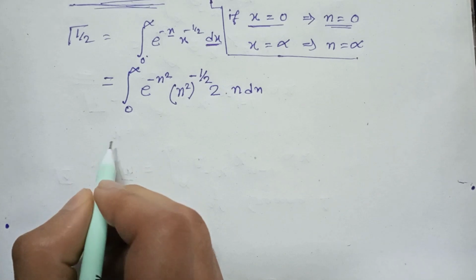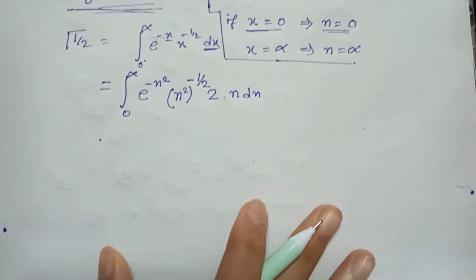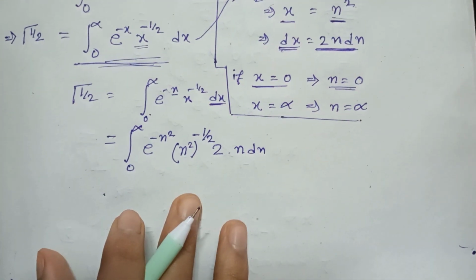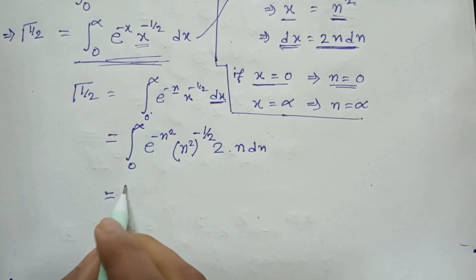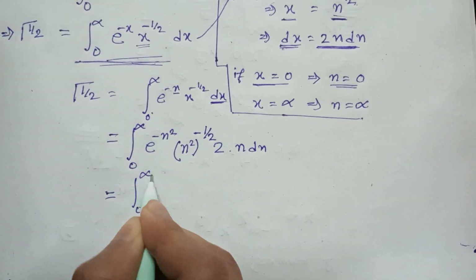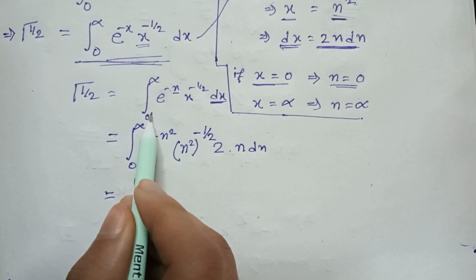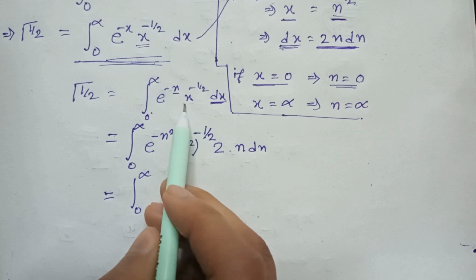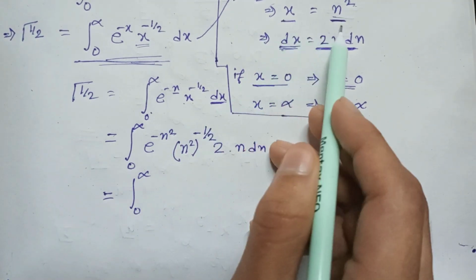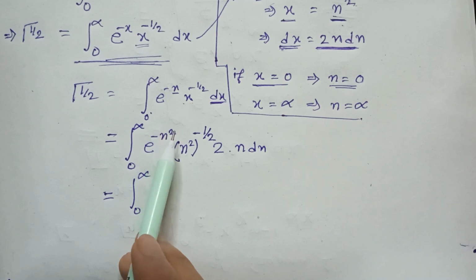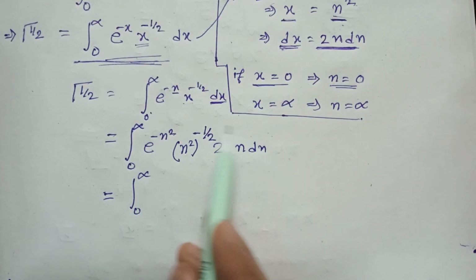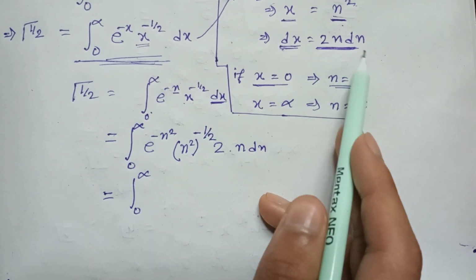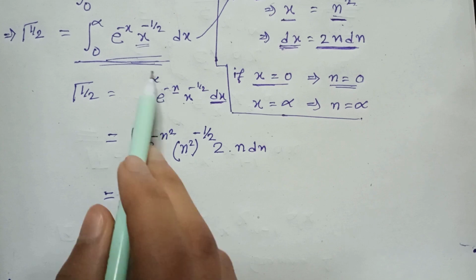Now it's time to integrate it. Here the limit was 0 to infinity, and we have replaced x equals n square and dx with 2n dn.